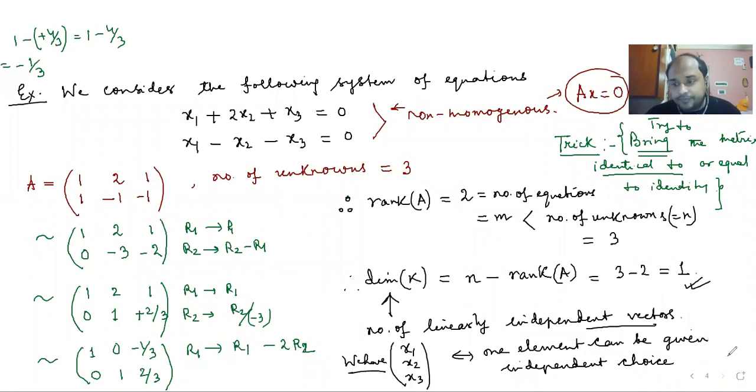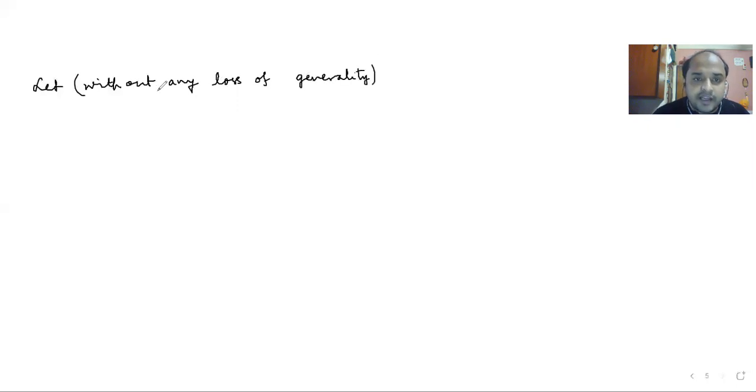Now, without any loss of generality, this statement in mathematics is very important. It means we have many general choices. We could have selected x1, x2, or x3 to be independent. So keeping that generality in mind, let x3 be the independent variable.